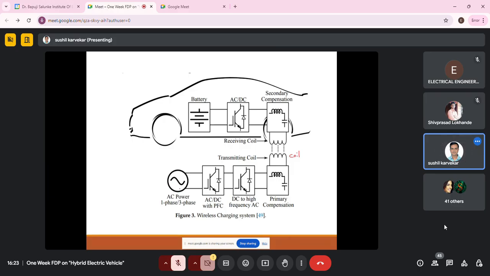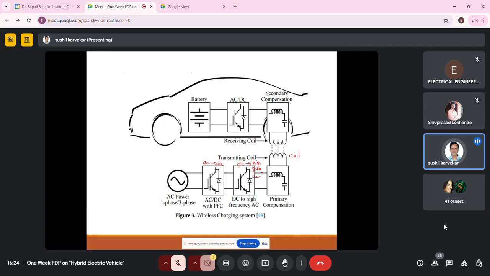AC power, single phase or three phase as per our requirements, is present. AC to DC conversion is done, and finally we convert the DC into high frequency AC, because we want to transmit the energy wirelessly and we want high energy density.